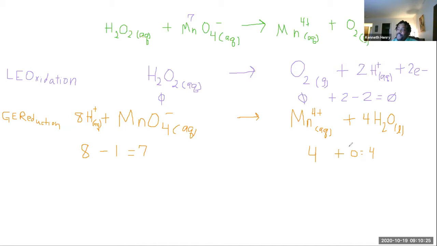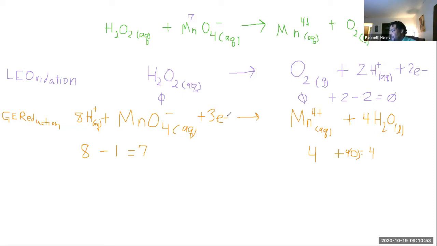Okay, so I have a +4 and I have a +7. Are they equal to each other? No, you have to do 3 electrons on your reactant side. Okay, so I need 3 electrons here. Is that good?